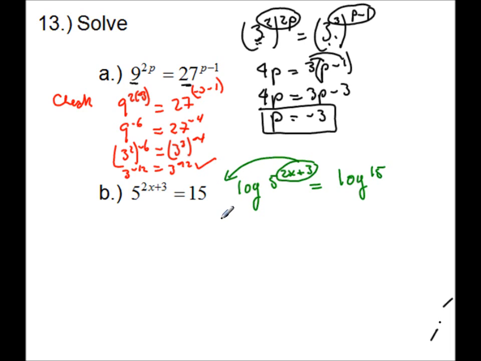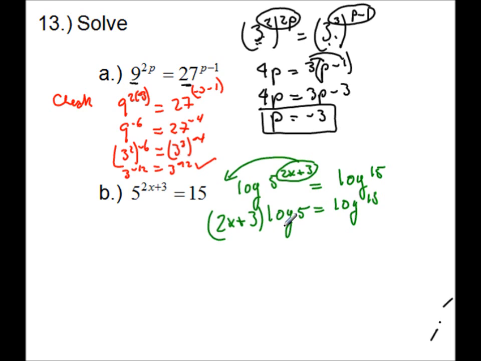And so then we end up getting 2x plus 3 times log 5 equals log 15. And what we can do here is we can do a couple things.